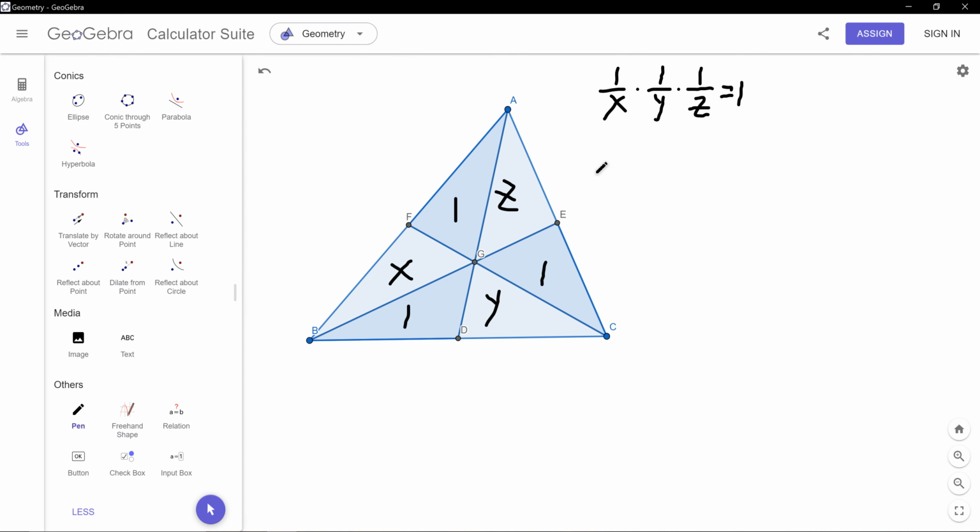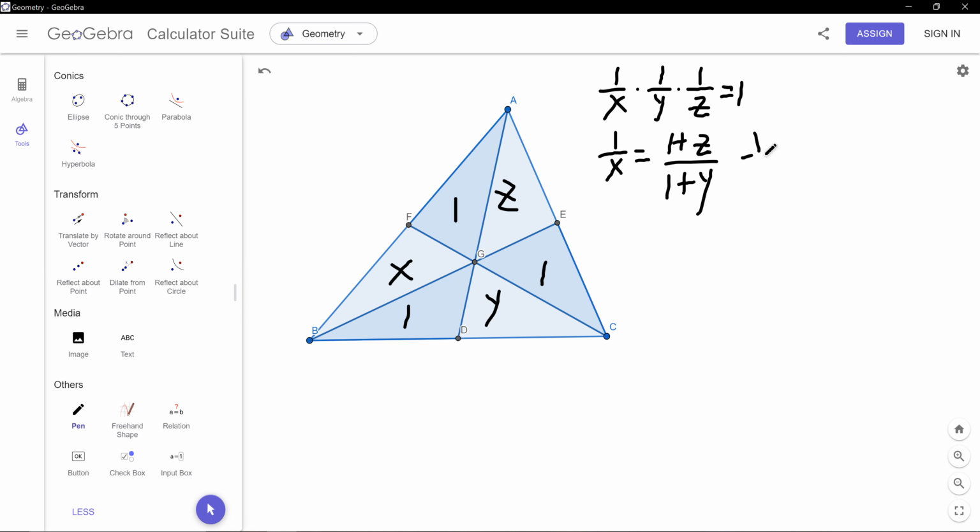AF to FB equals 1 to x, because 1 to x is the area ratio of triangle AFG and triangle BFG. And it also equals (1 plus z) to (1 plus y), because AF to FB equals the area of AGC to the area of BGC, where AGC is 1 plus z and BGC is 1 plus y.